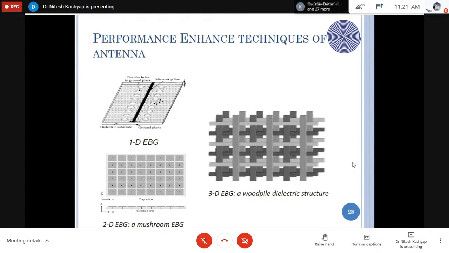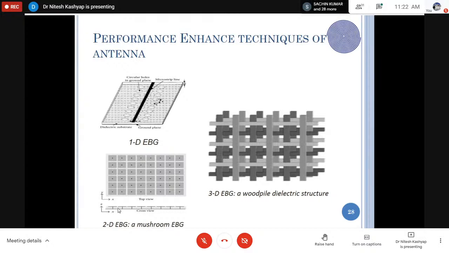The 1D EBG is like this: the strip line, and beneath it we have circular holes in the ground that can resist the propagation of surface waves. So this is one dimensional EBG.